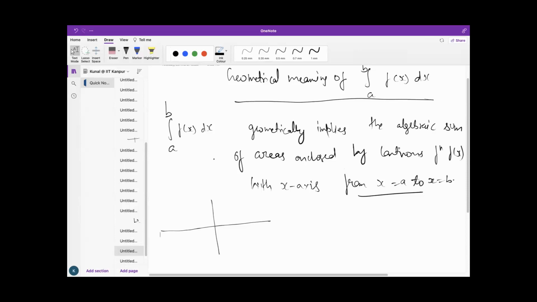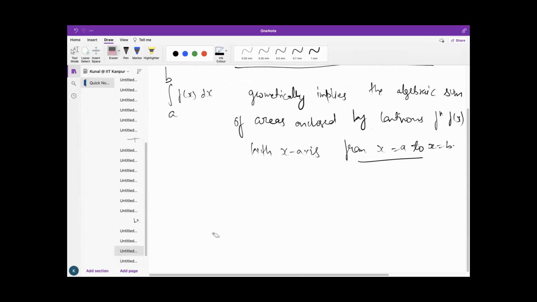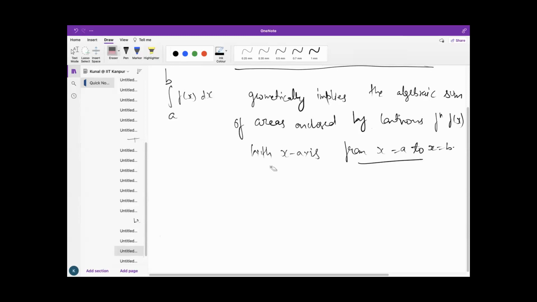Okay, let me show you. First, erase this and let me make the axes here. So this is our x-axis and this is our y-axis.